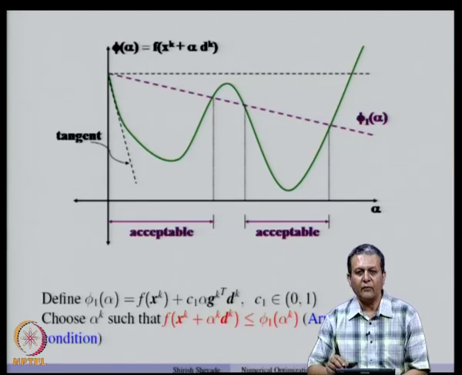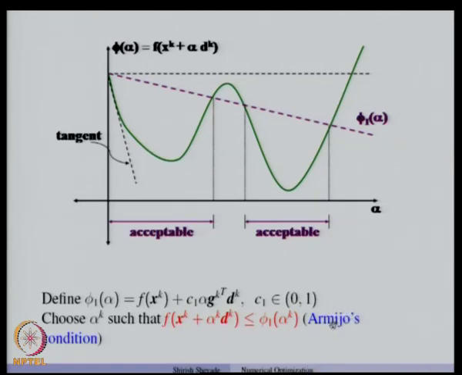So, this is called Armijo's condition. This step is very important, that f of x k plus alpha k d k should be less than or equal to phi 1 alpha k, and that is satisfied by all alpha k's which are either in this range or in this range. So, that is why they are denoted here as acceptable step lengths according to Armijo's condition.